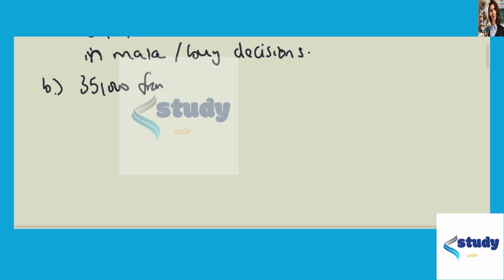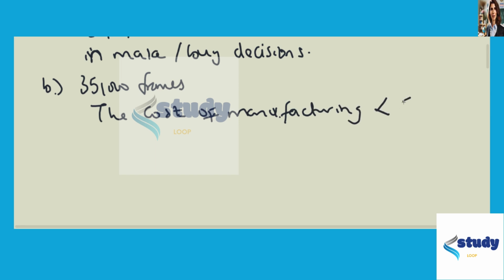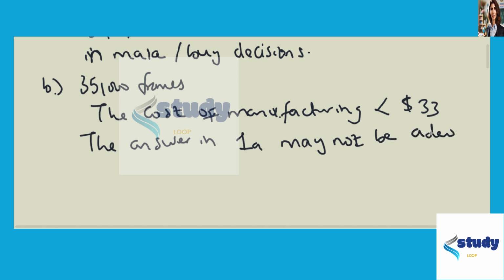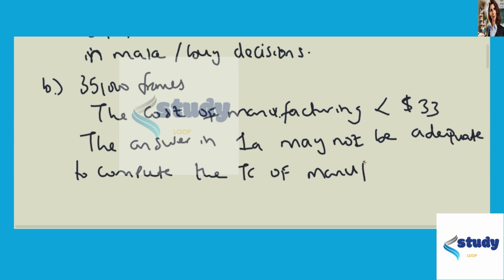For that question, the cost of manufacturing bicycles will be lower than $33, and the answer to requirement 1A may not be adequate to compute the total cost of manufacturing 35,000 frames.